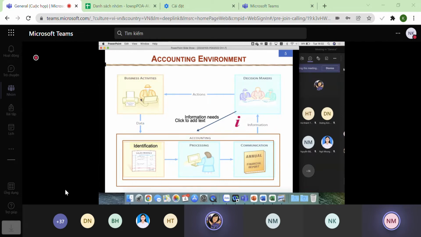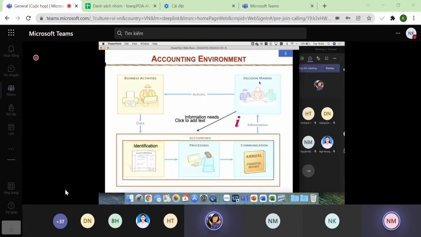The role of accounting is to record those activities, record all the activities here, in order to provide information to the information user. The information user will make the decision. So the information users are the decision makers.